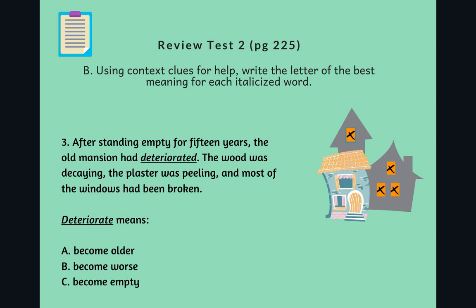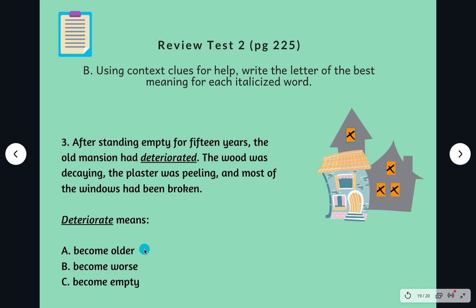Does it mean to become older, to become worse, or to become empty? And in this case, this is a little tricky because they're describing a house that is older, but they're also describing a house that has become worse, right? So you have to decide which of these is the more significant meaning.